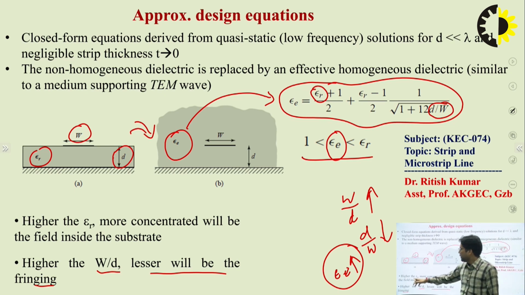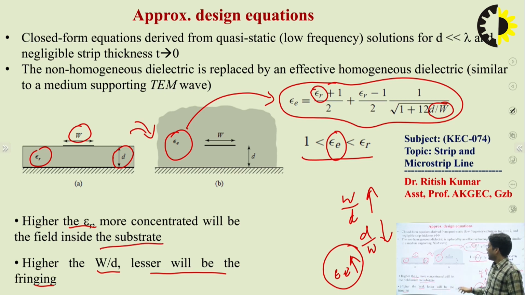So I can say, the higher the value of epsilon R, the more concentrated will be the field inside the substrate. That will happen if you have a higher W by D ratio. So this is the concept. What will happen if we increase the ratio of W by D, or if we decrease the ratio of W by D?